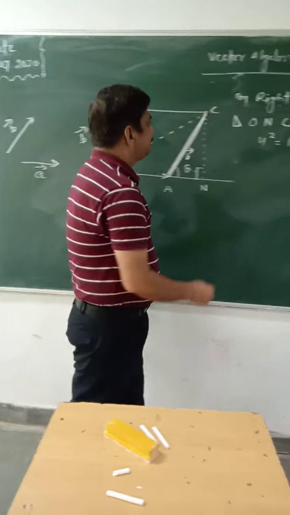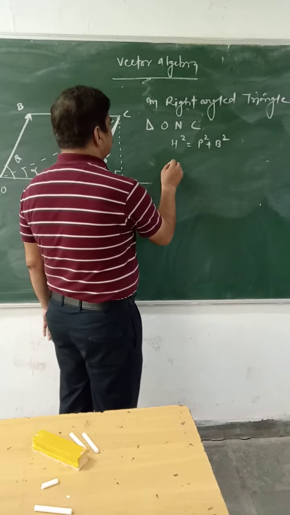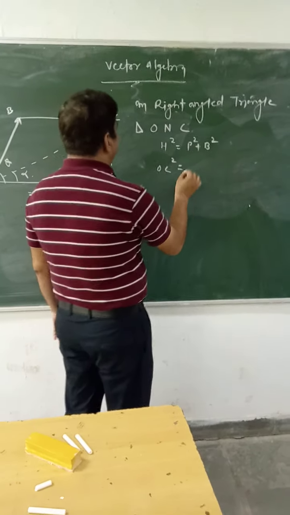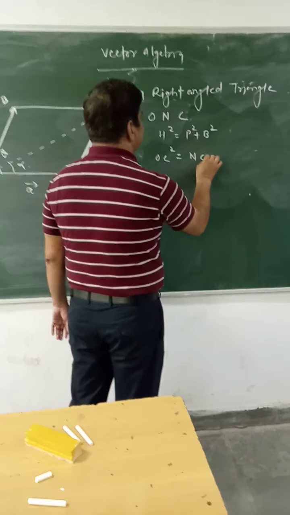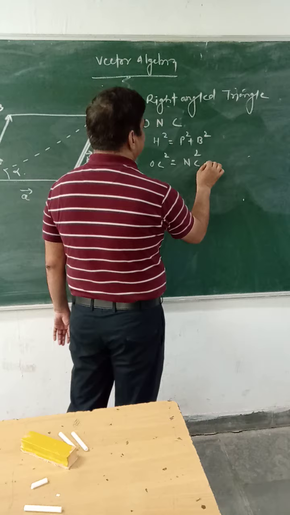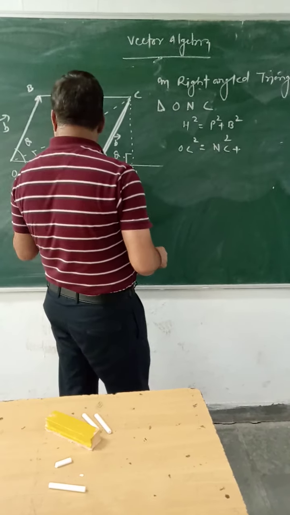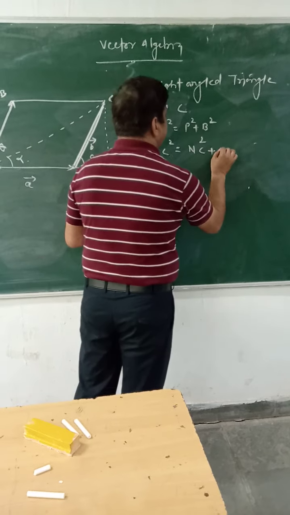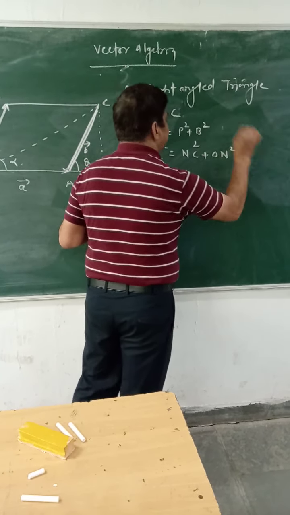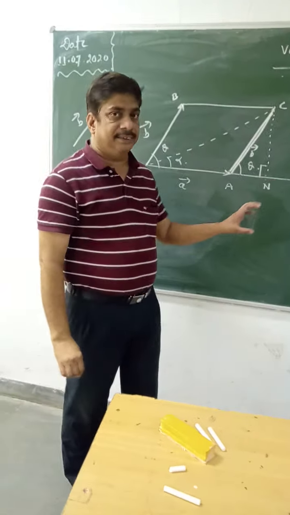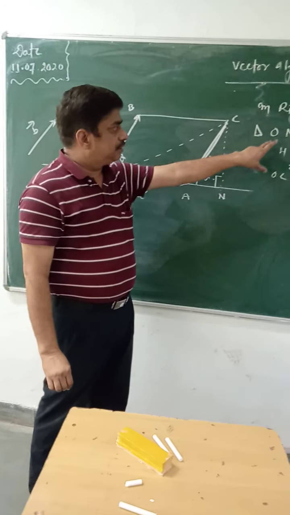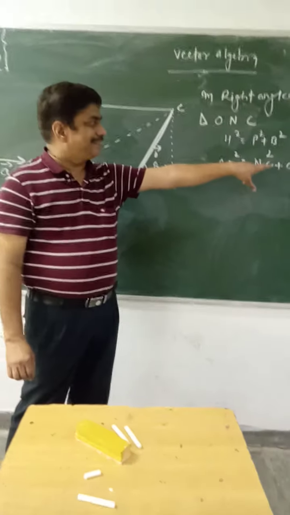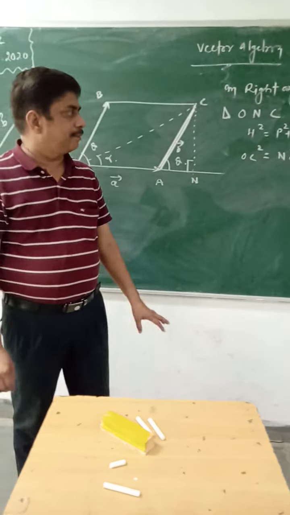In this case, OC is h and NC is p, and ON is the base. Is it okay? According to this triangle, h square is equal to OC square plus NC square plus ON square.